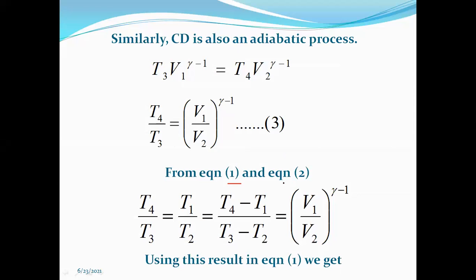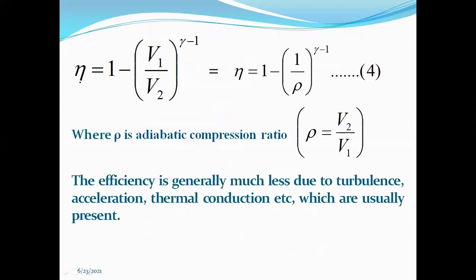Again I shall repeat: from equations 1 and 2, T4 upon T3 equals T1 upon T2, which equals T4 minus T1 divided by T3 minus T2, which is equal to V1 upon V2 raised to gamma minus 1. So we got the substitution. Using this result in equation number 1, we get eta equal to 1 minus V1 upon V2 raised to gamma minus 1. Therefore, eta is equal to 1 minus 1 upon rho raised to gamma minus 1, equation number 4.